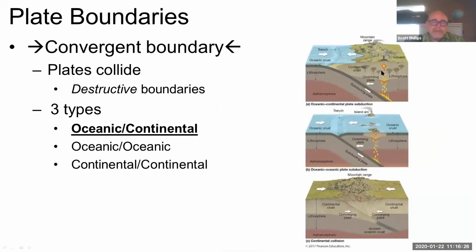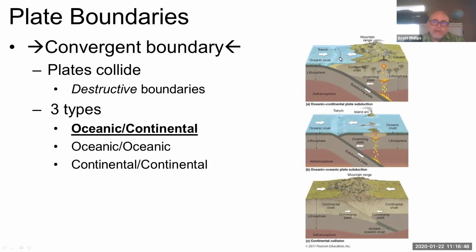So with convergent boundaries, the plates collide, and these are what we call destructive boundaries, because as they collide, material is being shoved underneath one of the continents and disappearing. We can divide these into three general types. One is oceanic to continental, where the oceanic crust is being pushed underneath a continent.